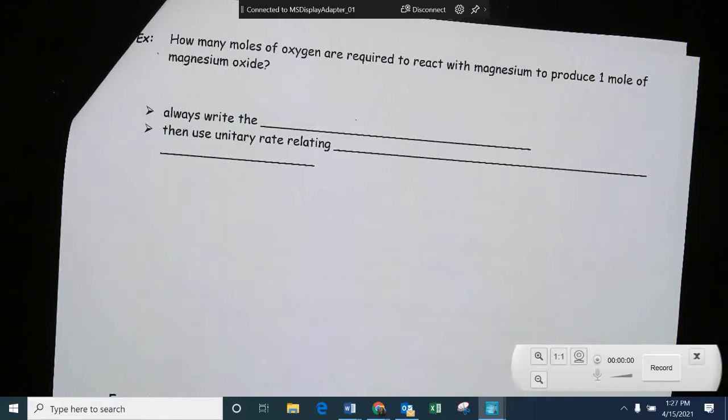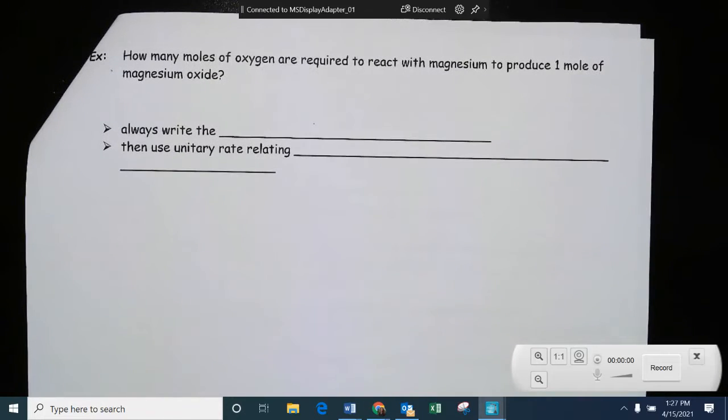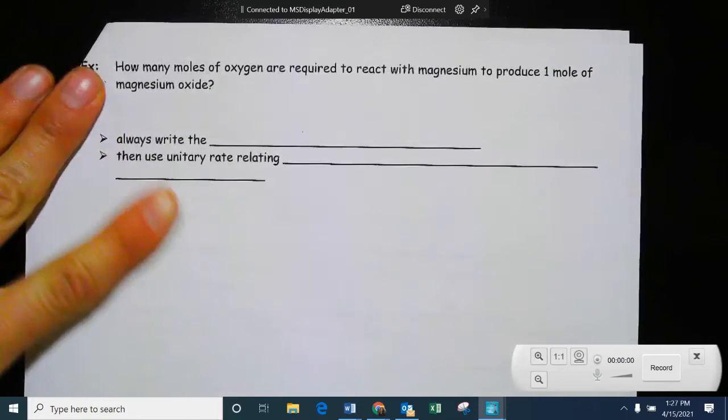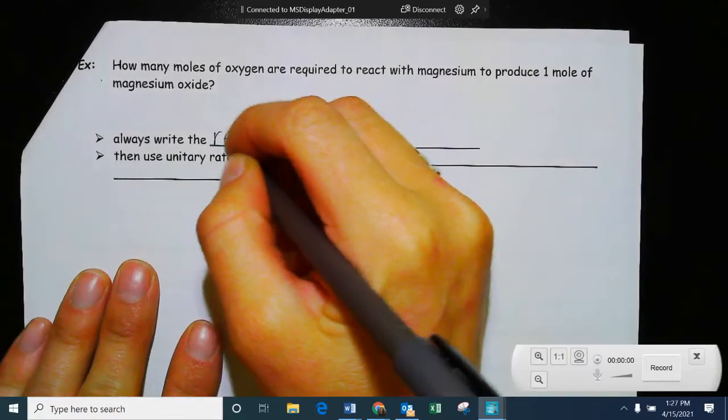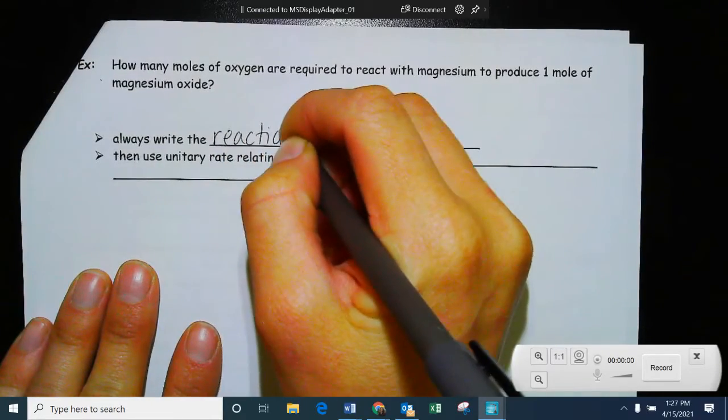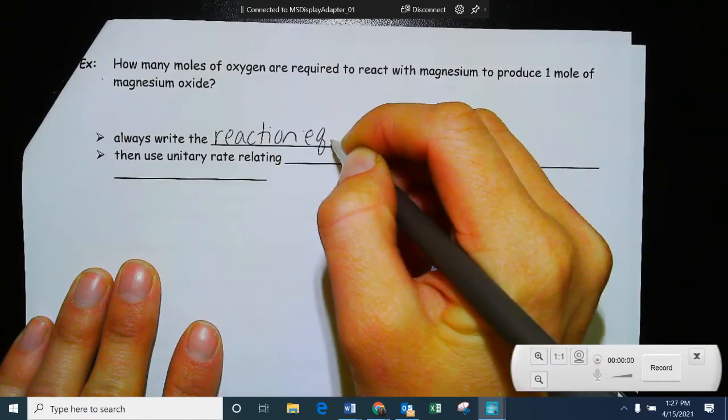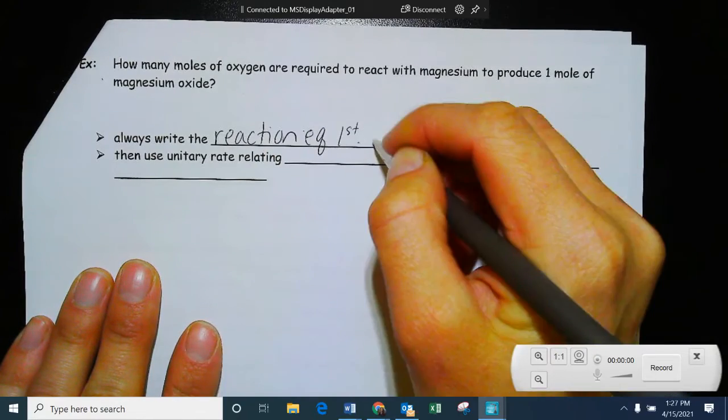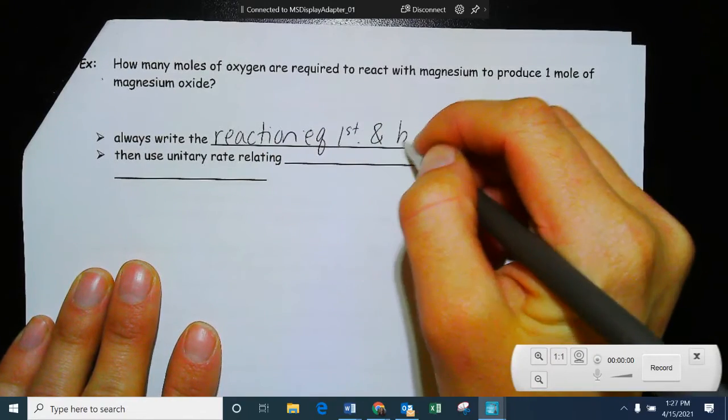All right, so another example here. How many moles of oxygen are required to react with magnesium to produce 1 mole of magnesium oxide? So what we're going to do is write the reaction equation first, and we're going to balance it.